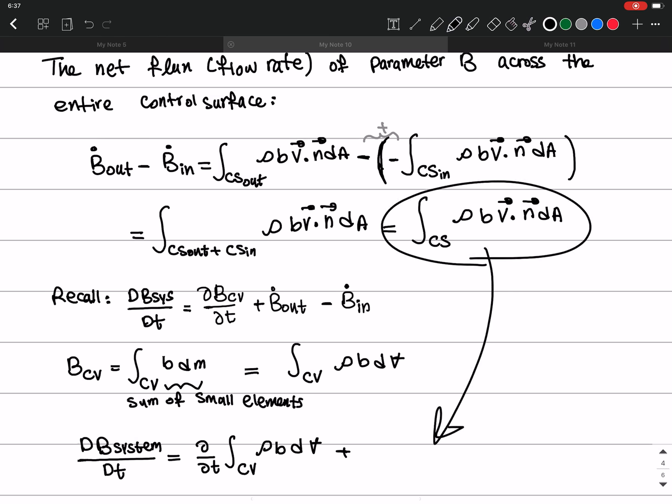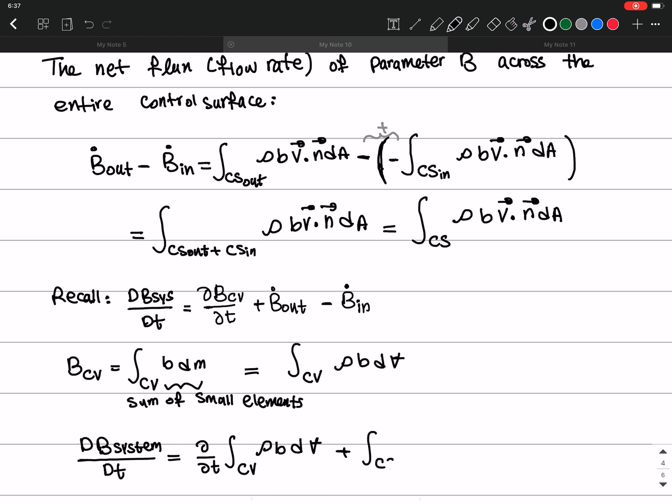I just write it down here: plus the integral over the control surface of rho b V dot n dA.